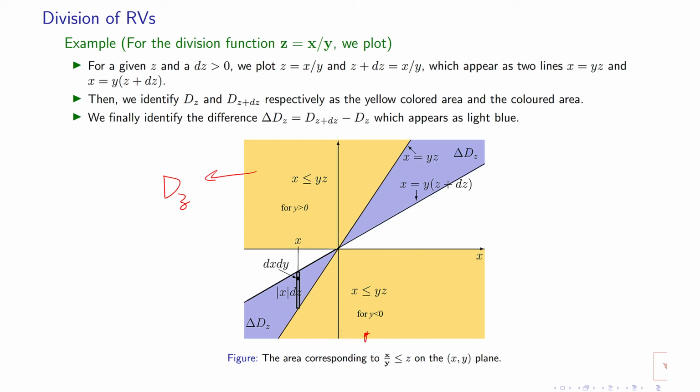So if I want f_Z(z) times dz, I have to do the integral over the blue area of f_XY(x,y) dx dy, and assume that dz is small enough, and then simplify. If I want the CDF F_Z(z), then I do the double integral of the same thing over the yellow area.